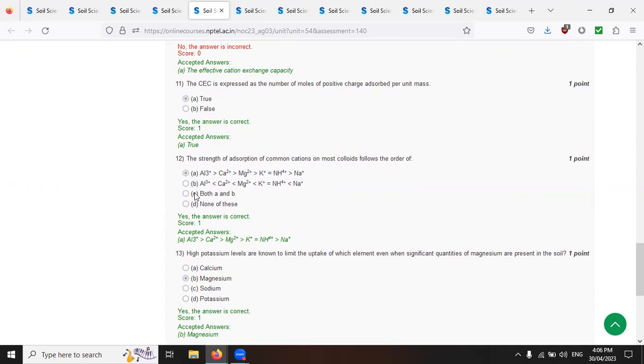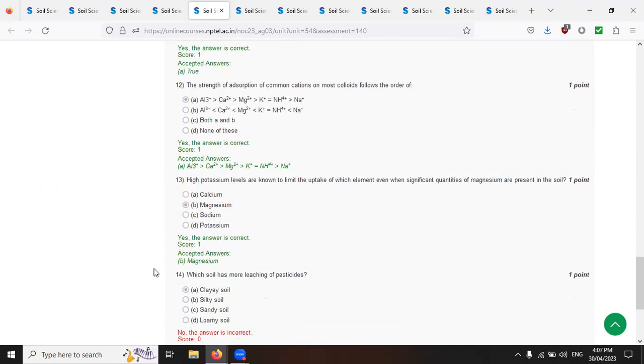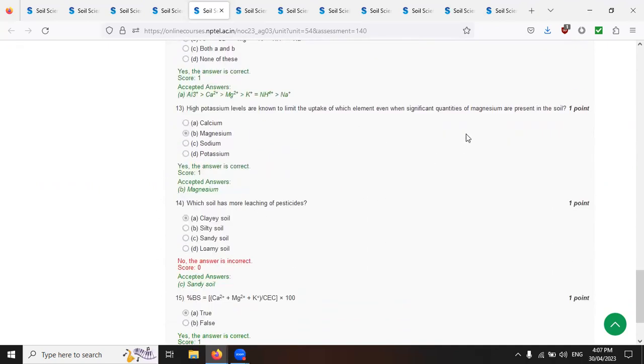So it's A. High potassium levels are known to limit the uptake of which element, even when sufficient quantities of magnesium are present in the soil? Magnesium. It should have said even when sufficient quantities of this mineral are in the soil, because that sort of gave the answer there.